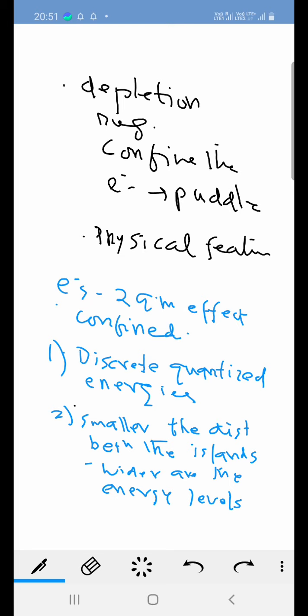And as we have told you, delta E is actually the energy difference between two levels.